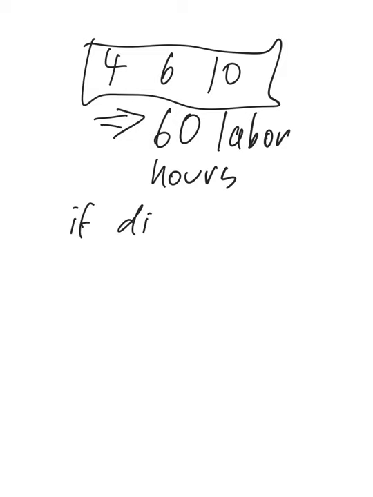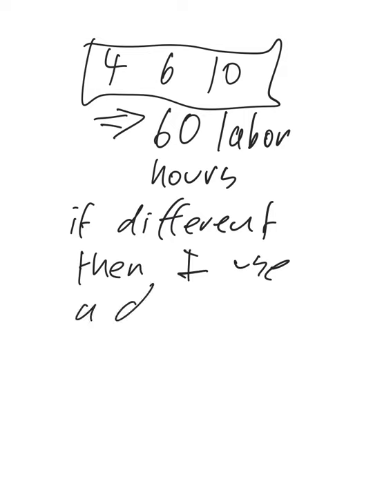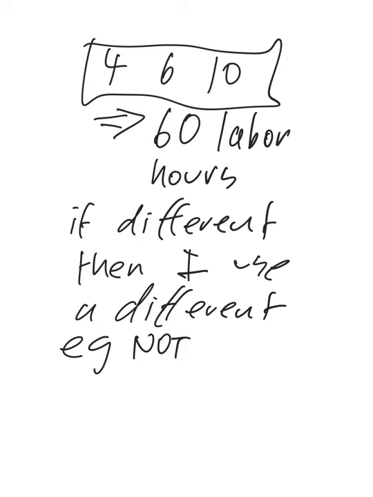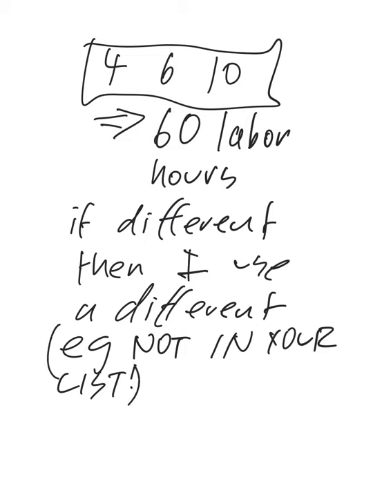If it was a different set of labor numbers, then I'd use a different endowment of labor. So, for example, not in your list of questions, suppose you had a problem and the number of labor hours for one country to do one thing was it needed 3 labor hours to produce 1 unit of something, and it needed 7 labor hours to produce something else, and then there was another country and that one had a 6 and a 7.